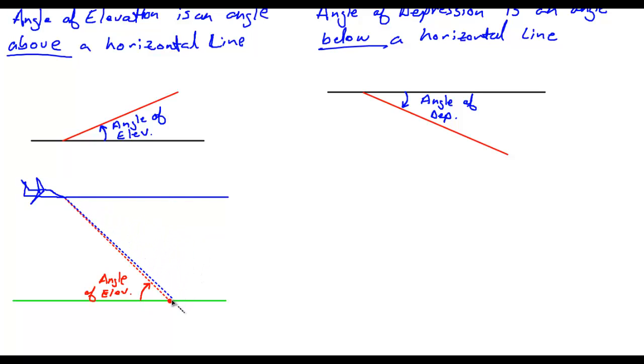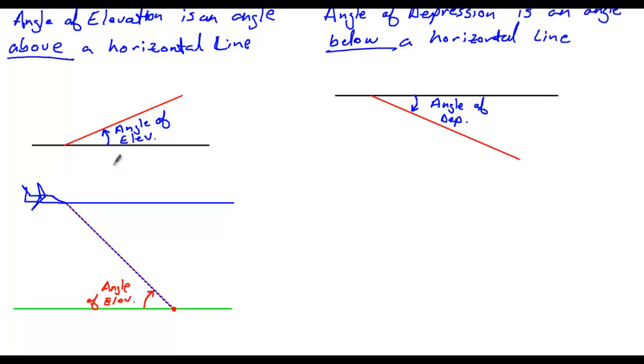So when they look down at you, well, here they have formed an angle of depression. And we're going to put a lot of things that you've learned this year together into these problems. A lot of things we've done this year are going to kind of come together on these problems in the next few days.